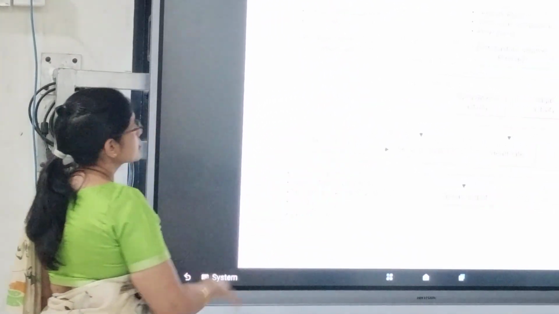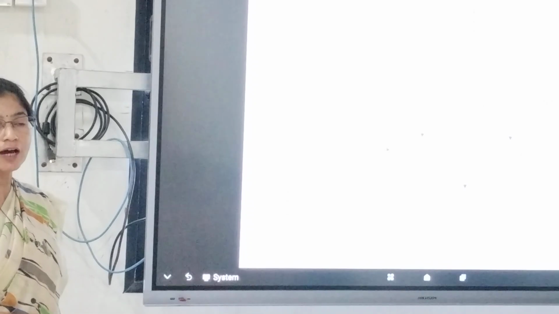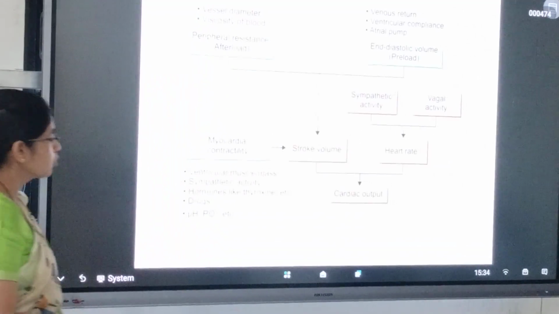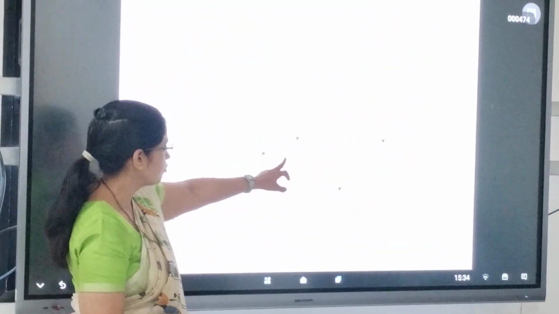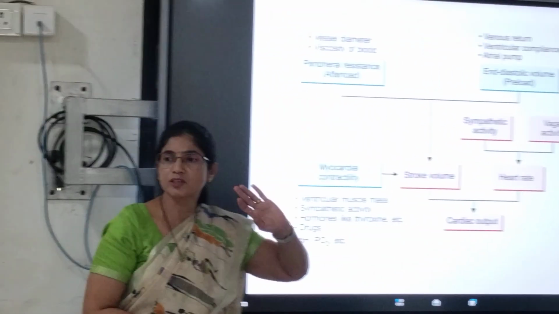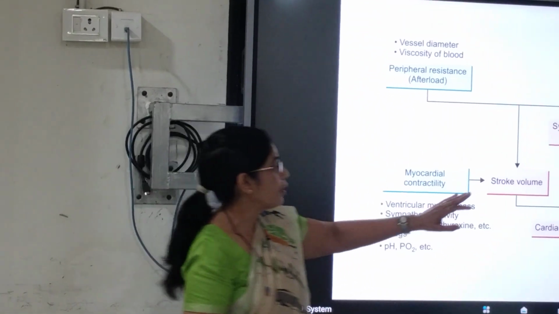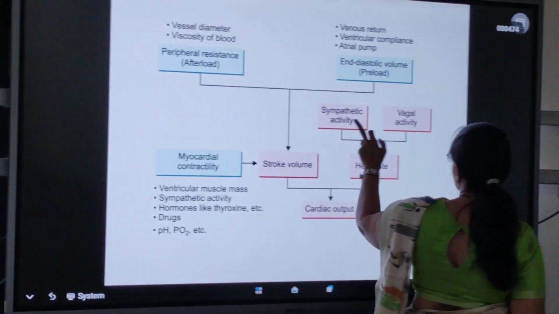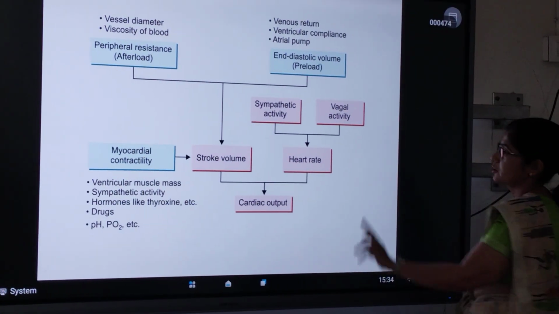So this is the overall summary of the cardiac output. Cardiac output mainly depends upon your stroke volume and the heart rate. The heart rate mainly depends on the sympathetic and the parasympathetic activity, sympathetic activity and the vagal activity.